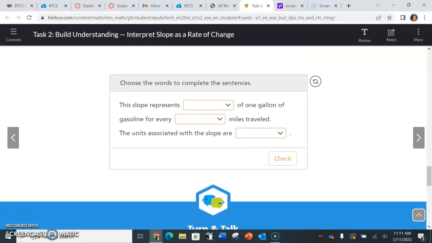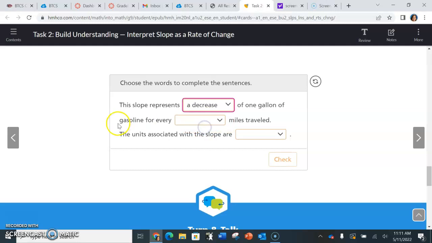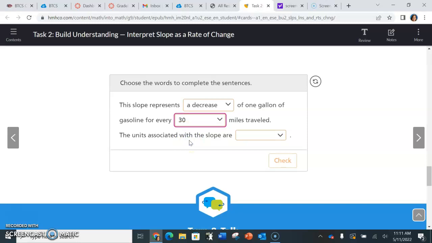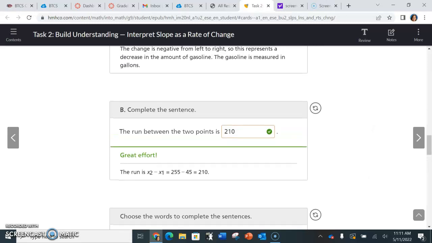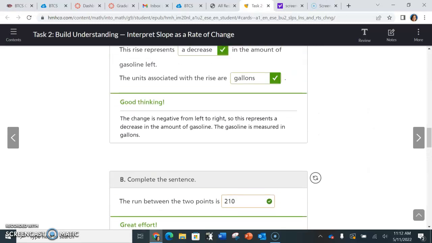Choose the words to complete the sentences. The slope represents an increase or decrease of 1 gallon of gas. So it's going to be a decrease of gasoline for every, let's see, I think it's 30 miles, because we're going to do 210.